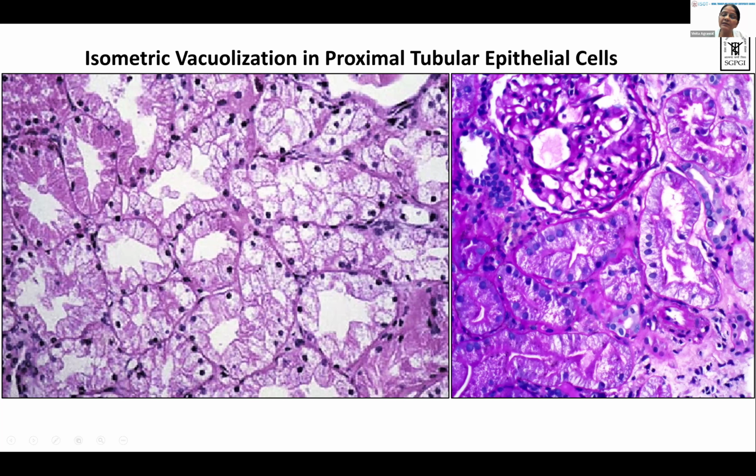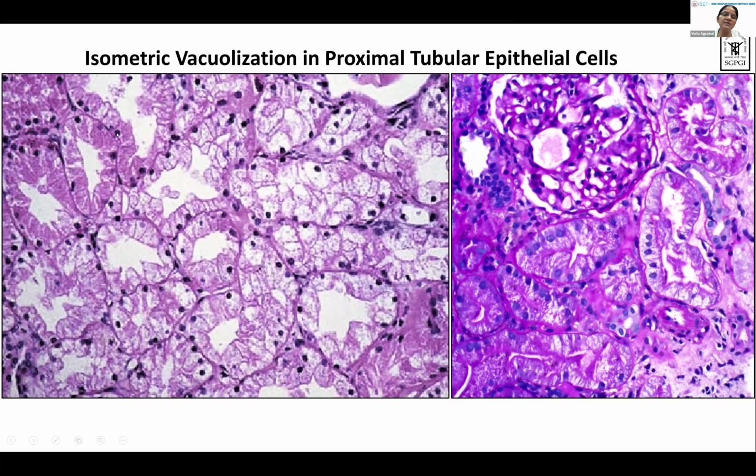When you look at these in the periodic acid Schiff stain, you can see that usually the brush border is maintained, and the cytoplasm is showing this isometric vacuolization, with retention of the brush border of the tubules. The early change, which I'll show you in another figure, is also this. You can see this vacuolization in the myocytes, which is also an early change because of CNI toxicity.